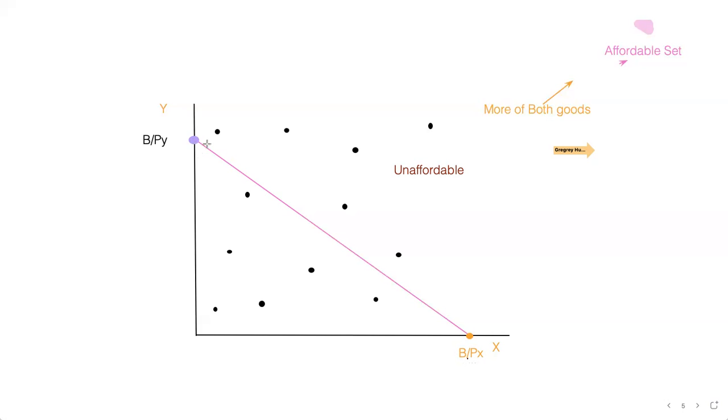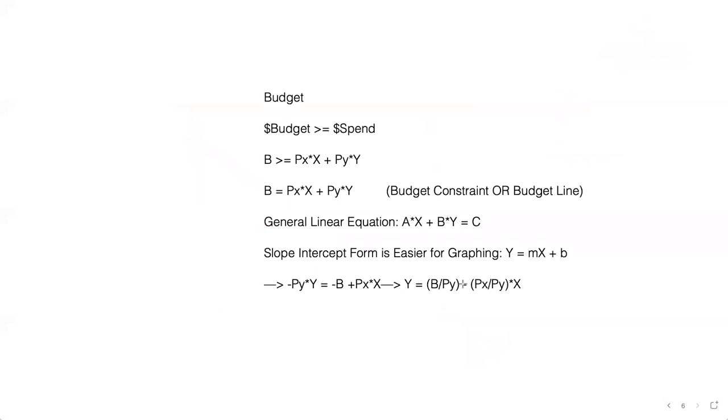Okay. So now we have these 2 anchor points for our budget, and then there are all these other points in between. The only thing I want to point out for the points in between is that as we move down the budget line, this is our slope.